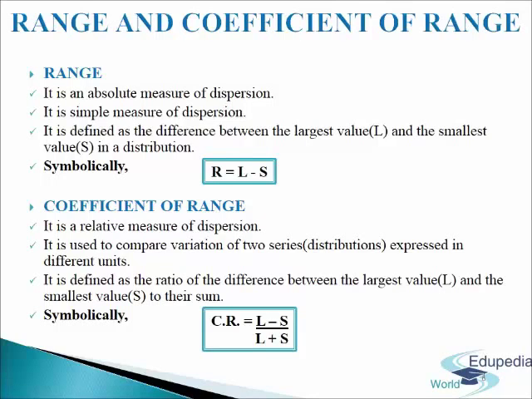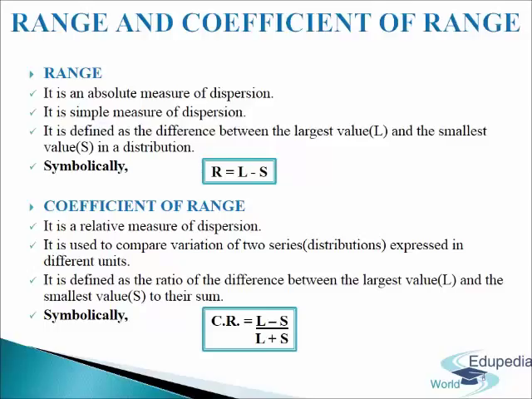Symbolically, it is written CR is equal to L minus S divided by L plus S, where CR means coefficient of range, L means largest value, and S means smallest value. Coefficient of range is a relative measure of dispersion.